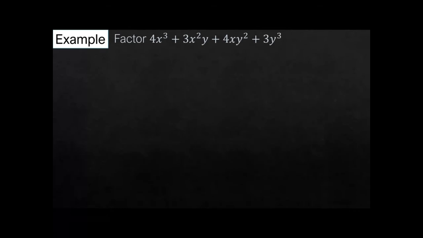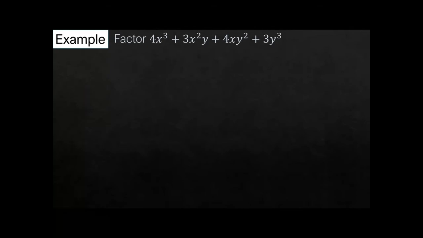So looking at this, there's no greatest common factor. There's no number that I can divide out of all these terms. They don't even all have the same variable because the first term is missing a y, the last term is missing an x. So I can't factor anything out.